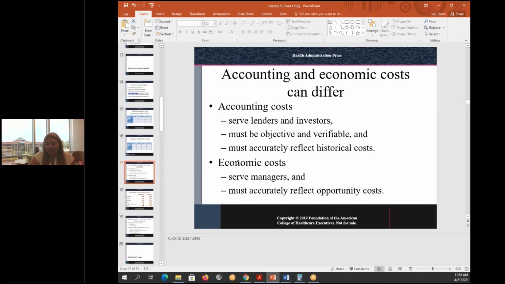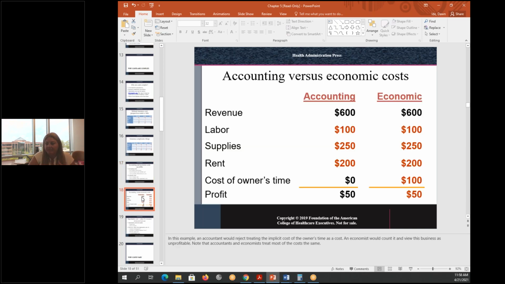There's accounting costs, and then there's economic costs. Accounting costs are objective, they're verifiable, they reflect historic costs, they serve lenders and investors. And then our economic costs serve managers, and they reflect these opportunity costs, what we cannot do because of that cost.